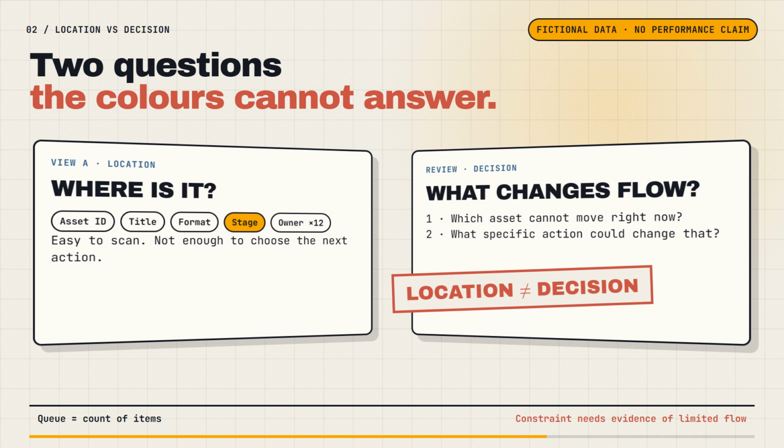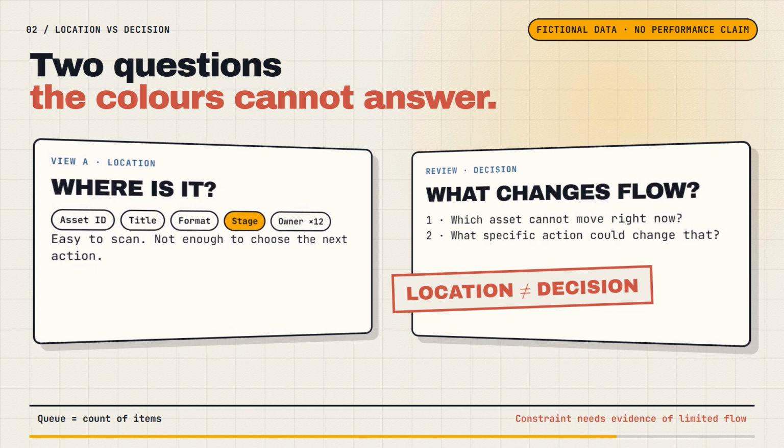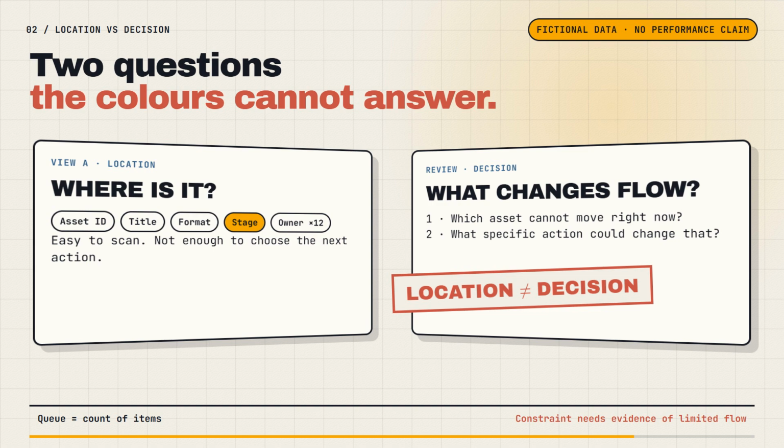There is no answer. Maybe the first row is oldest. Maybe it is blocked. Maybe it is deliberately paused. Stage describes location, not the decision. That is the information gap we need to close, without turning the sheet into a database of everything we might someday want to know.